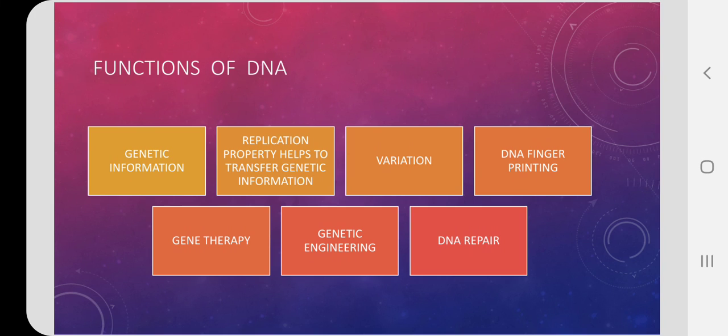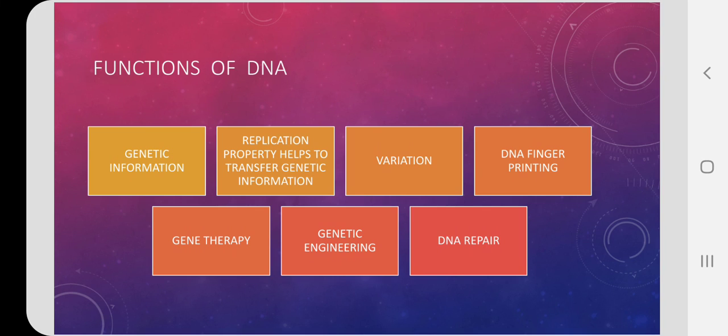Second is replication. Due to its replication property, it can transfer genetic information from one generation to the next. And variation: due to recombination and mutation, DNA brings variation, which is the raw material for evolution and the origin of new species.